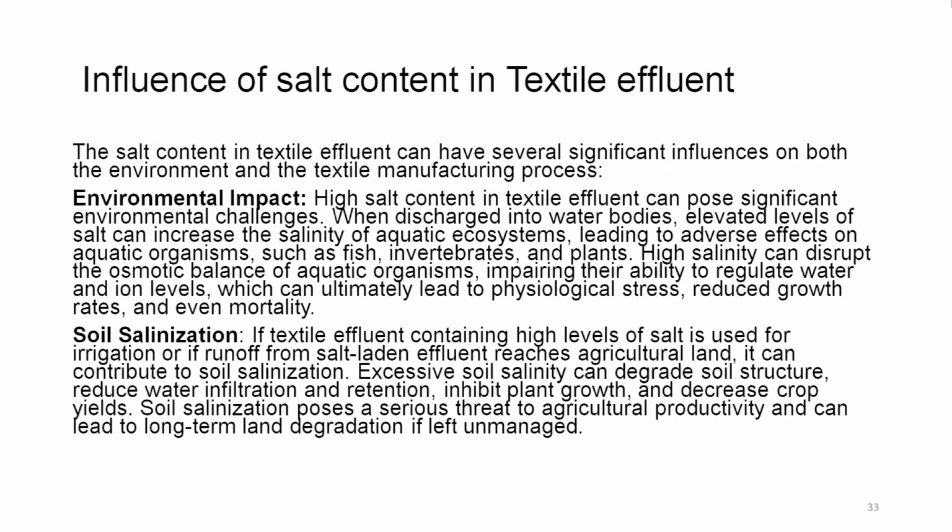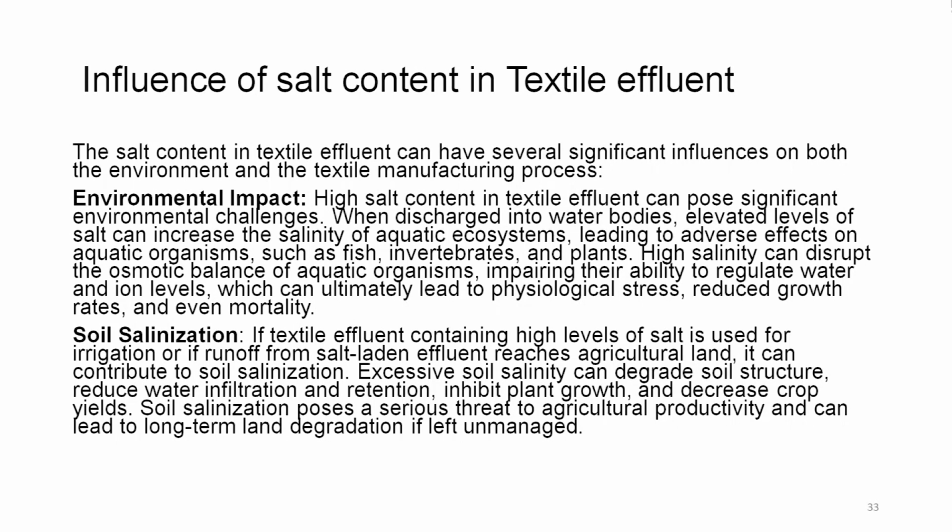High salinity can disrupt the osmotic balance of the aquatic organisms, impairing their ability to regulate water and ion levels, which can ultimately lead to physiological stress, reduced growth rates and even mortality.